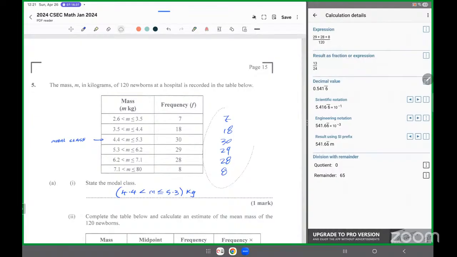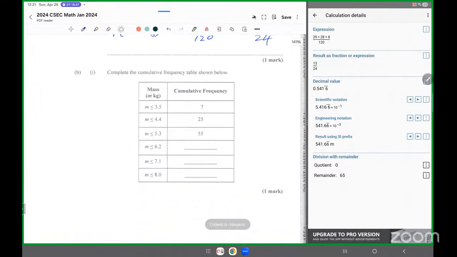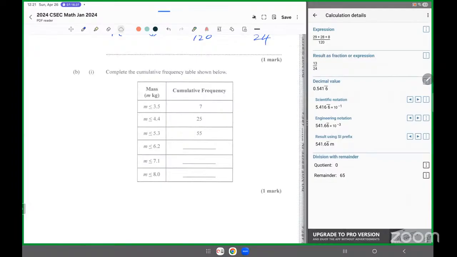We need all these values so we can add them to get the cumulative frequency.